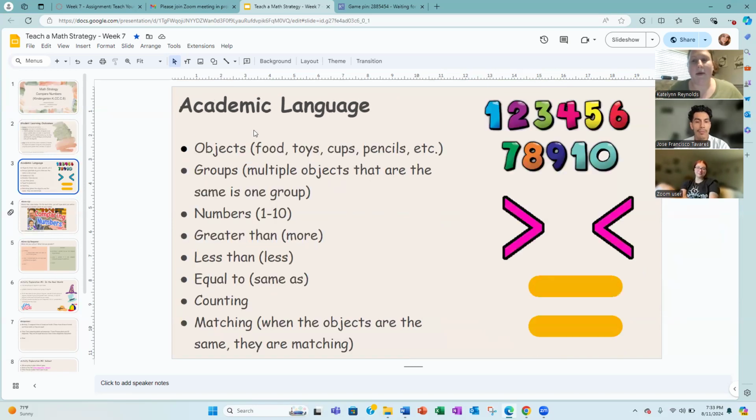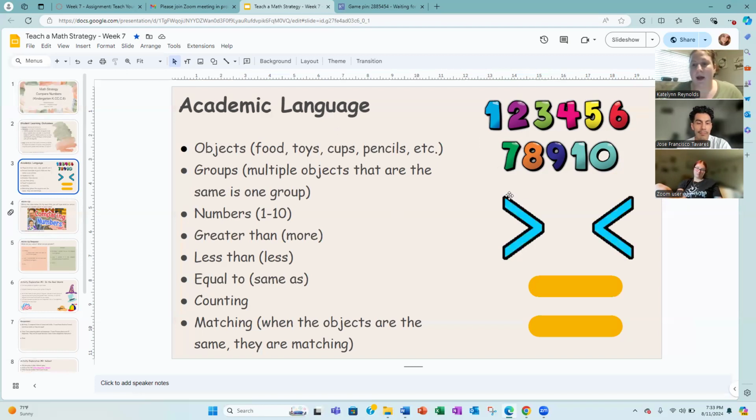The academic language that goes with this lesson includes objects, which are food, toys, cups, and pencils, and groups, which is multiple objects that are the same, it would be one group, and numbers 1 through 10, which I put on the side right here for you to look at, greater than, which equals more, and less than, which is a less.